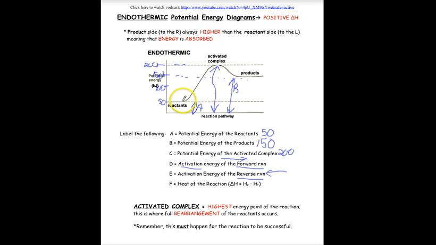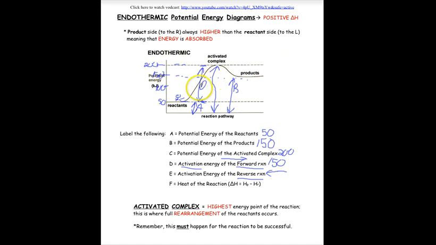So the activation energy is, if you're standing here and you want to get up to the other side, you have to climb up this hill. Well, the height of this hill from here to here would be the activation energy. That's the amount of energy in kilojoules you would need to start the reaction. That would be D for the forward reaction. That would be from 50 to 200, so the forward reaction would be 150.